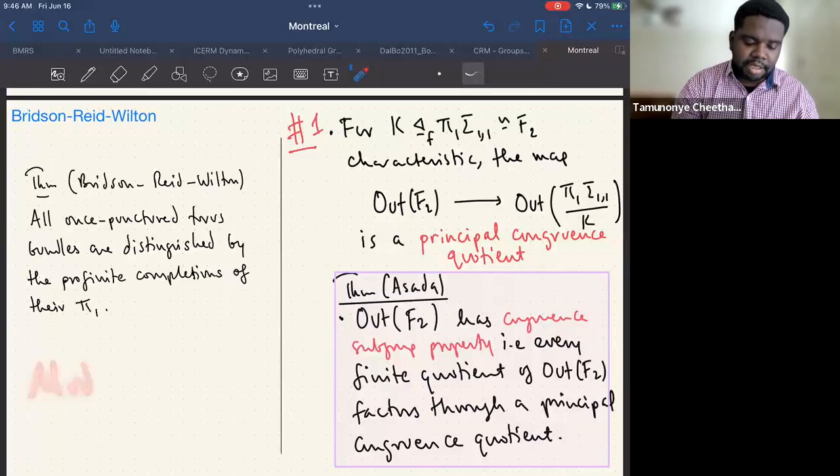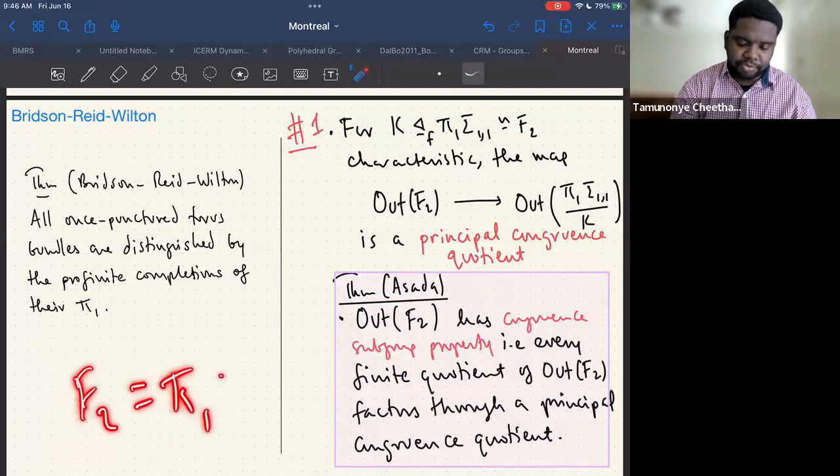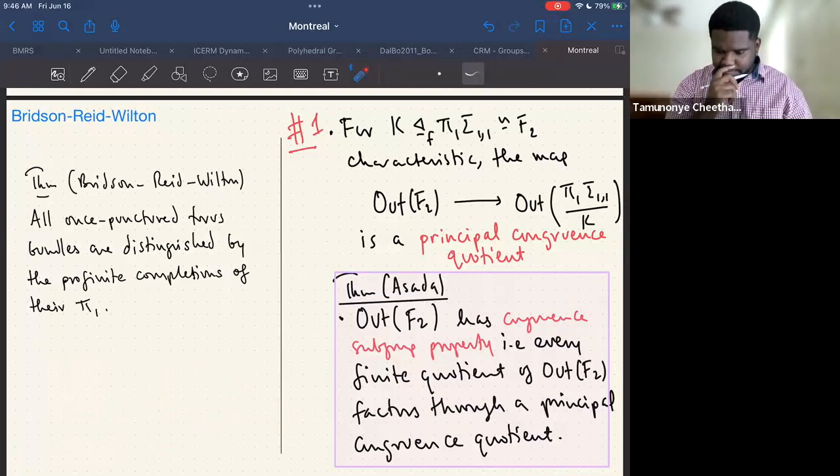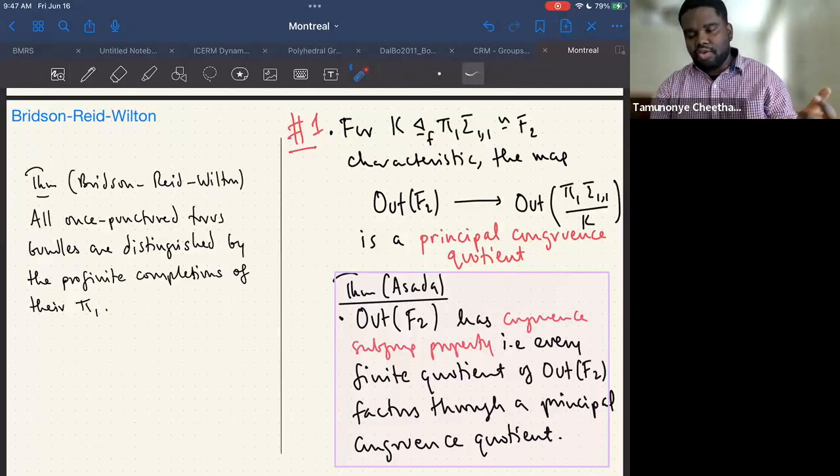So this is mapping class group, not just of the surface, but Out(F2), where of course F2 is the fundamental group of the once-punctured torus. Out(F2) has the congruence subgroup property, and that should give people pause. But let me allay those fears. It does not have the congruence subgroup property with respect to Z squared. That's a historical fact, but it does have the congruence subgroup property with respect to F2, the free group.